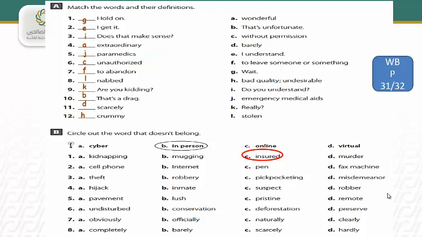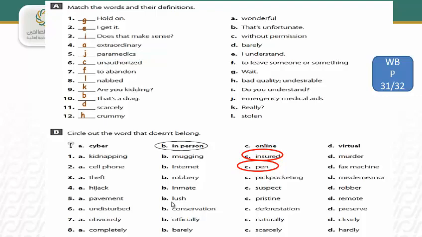Similarly, let's have a look at exercise B. Circle out the word that doesn't belong. Words that do not belong to the group, we just circle them. Okay. Here we go. Kidnapping, mugging, insured, murder. All of them are crimes except insured.